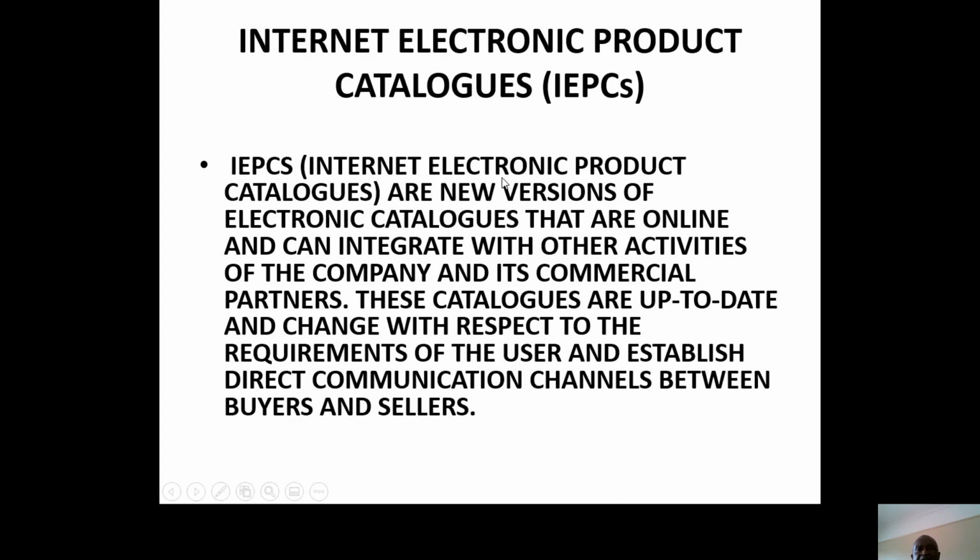All right. So it's still an internet electronic product catalog. Then you are putting that on the internet so that you are advertising your products. These are the new versions that are online and can integrate with other activities.